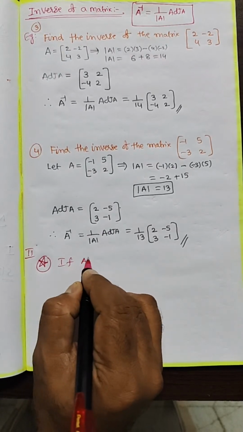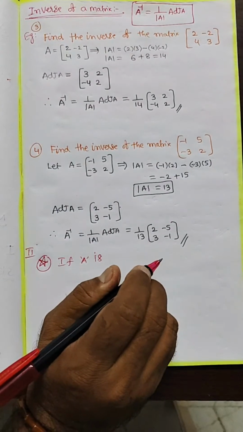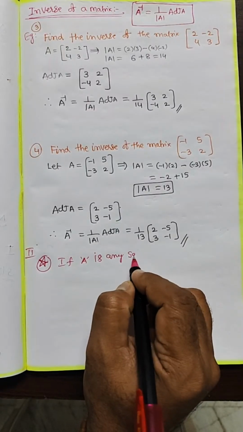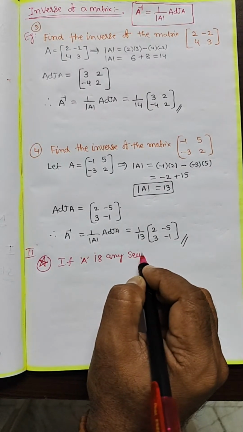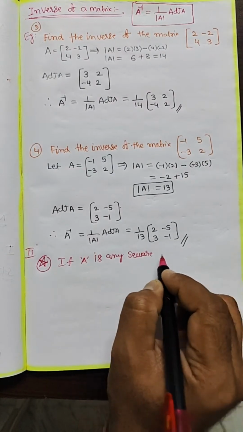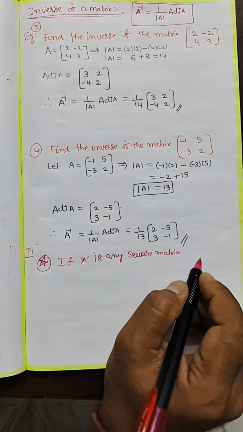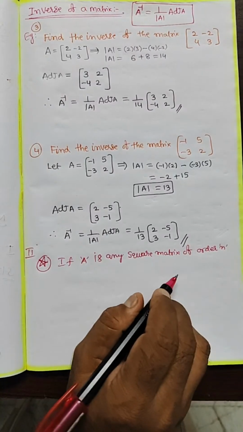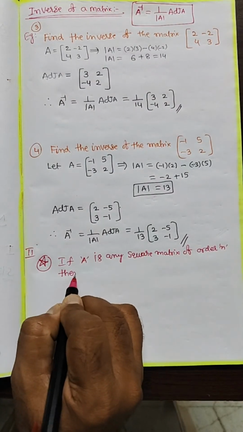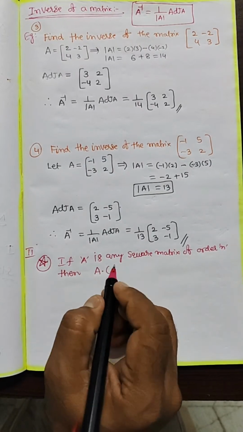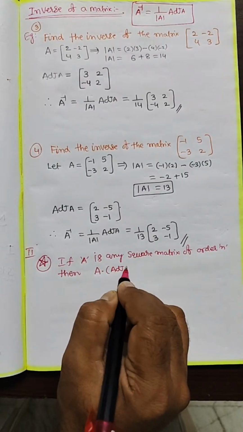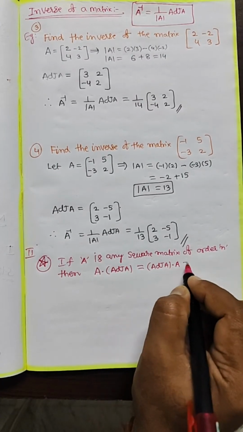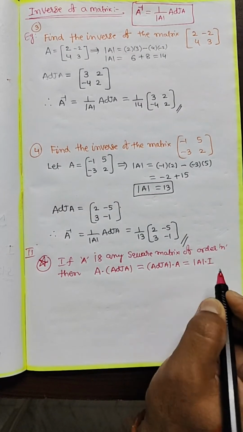If A is any square matrix of order n, then A into adjoint A is equal to adjoint A into A is equal to det A into identity matrix.